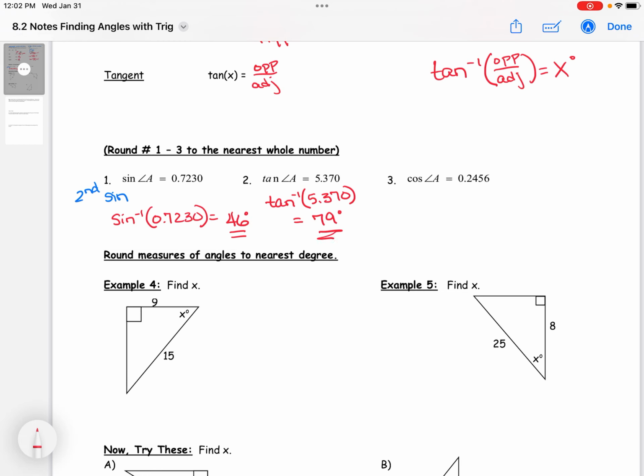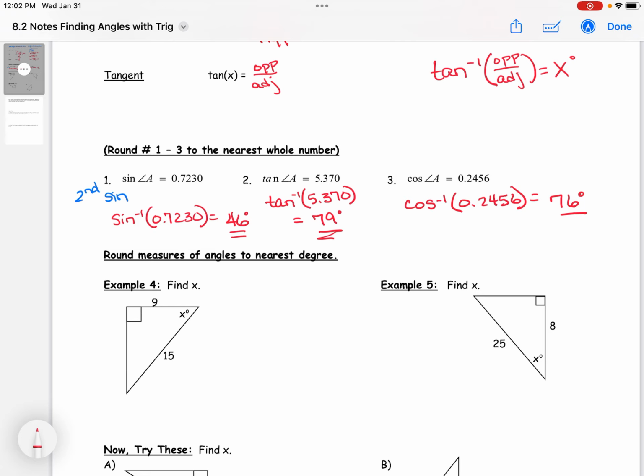Then my cosine is going to be second cosine, 0.2456, and my answer is 76 degrees. So that is how you change the fraction, which is two sides, to the angle.